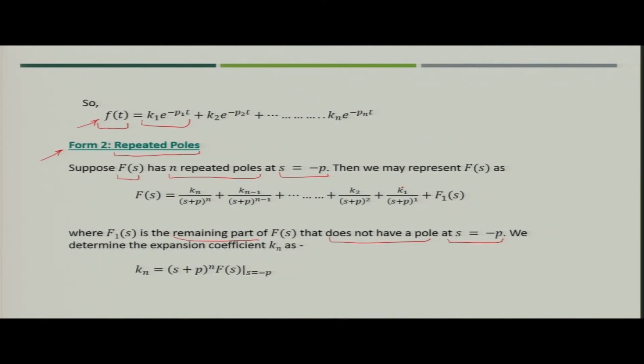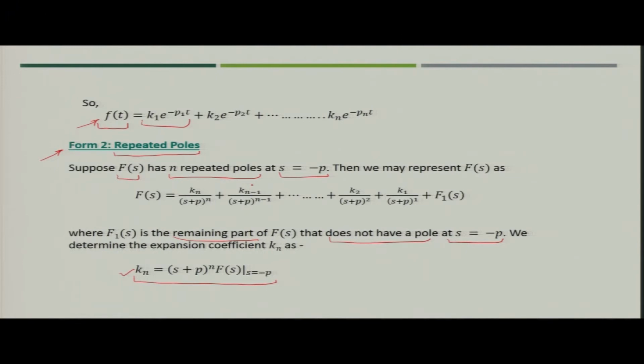Now, as we did in the previous case, in this case also we can find out the value of Kn. Kn would be given as follows: if you multiply (s plus p) to the power n on both sides and put the value of s equal to minus p, you will simply get the value of Kn.